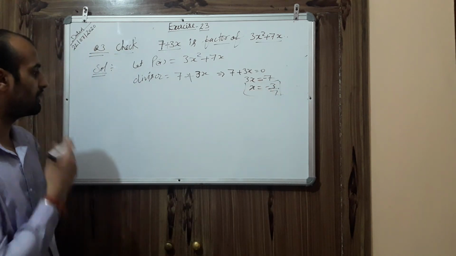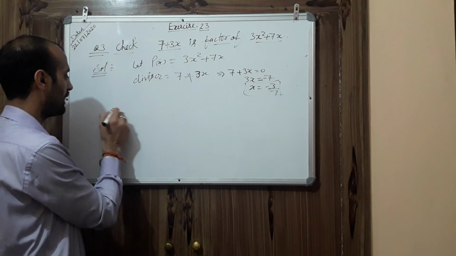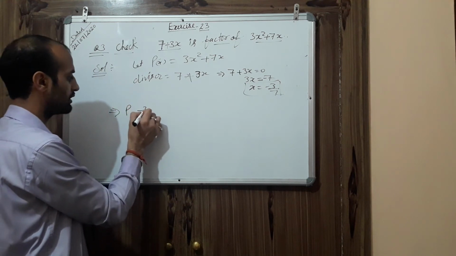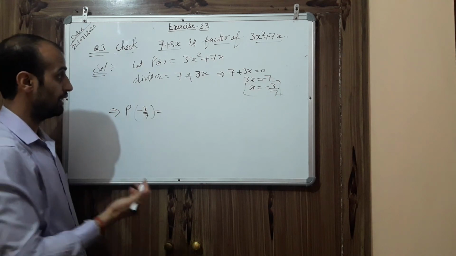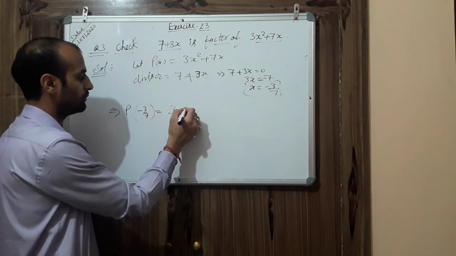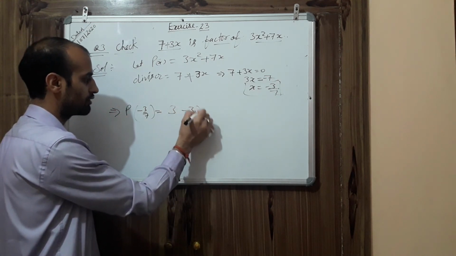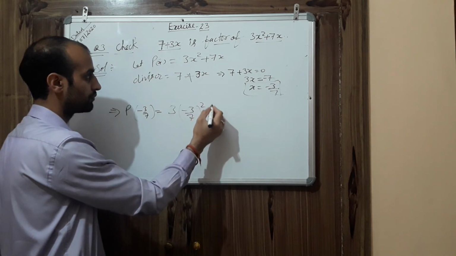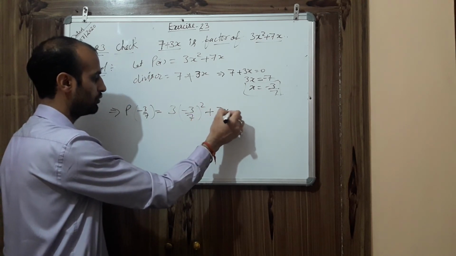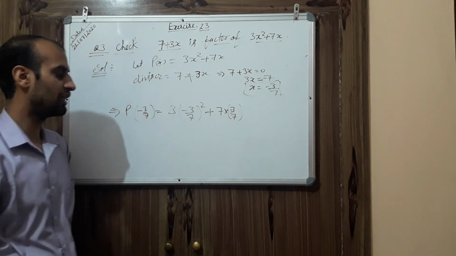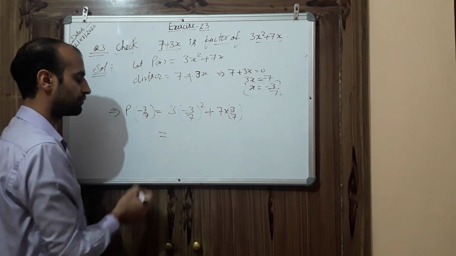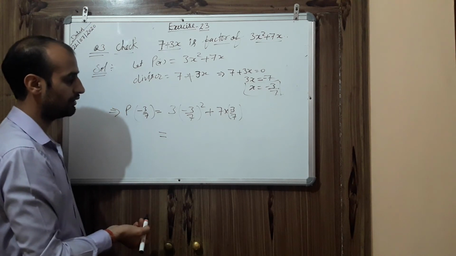So substitute in the above equation, so you will get p of minus 7 upon 3 is equal to 3 into minus 7 upon 3 whole square plus 7 into minus 7 upon 3.